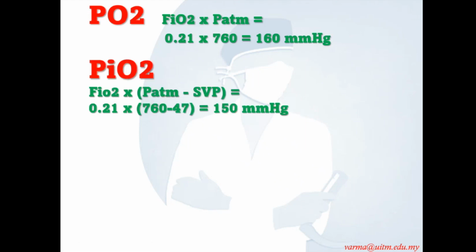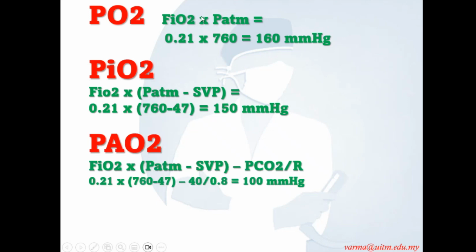In a healthy individual inspiring room air, we multiply FiO2 times the atmospheric pressure minus the saturated vapor pressure. So 0.21, and saturated vapor pressure we know is around 47 in a healthy human adult at room air and at sea level. So you get around 150. So there's a drop of 10 millimeter mercury from atmospheric to the airway.